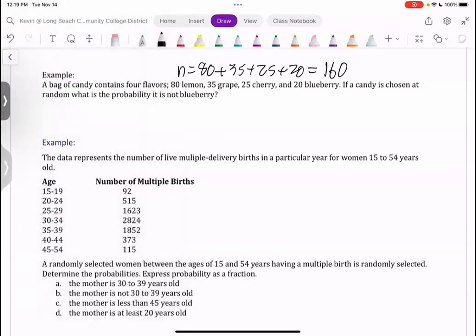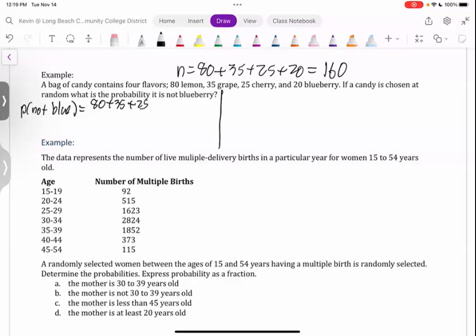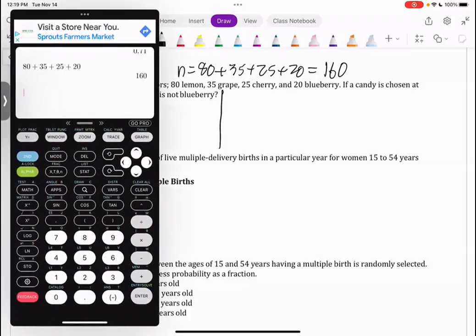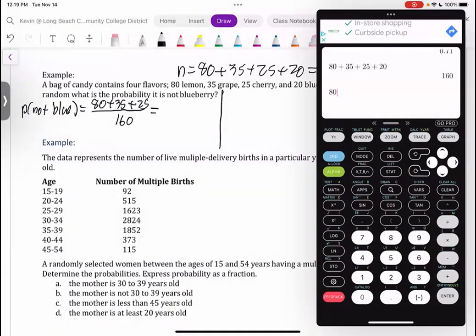Now, if the candy was chosen at random, what is the probability that it's not blueberry? I'm going to do this 2 different ways. The first way is probably the way that you're thinking of. How many of them are not blueberry? Well, that's going to be the 80 plus the 35 plus the 25 out of the 160. So 140 over 160.